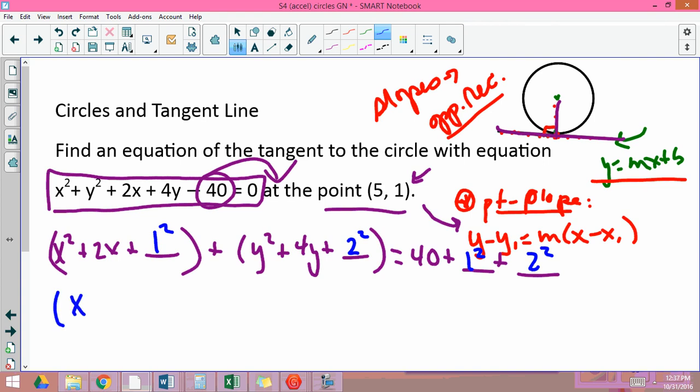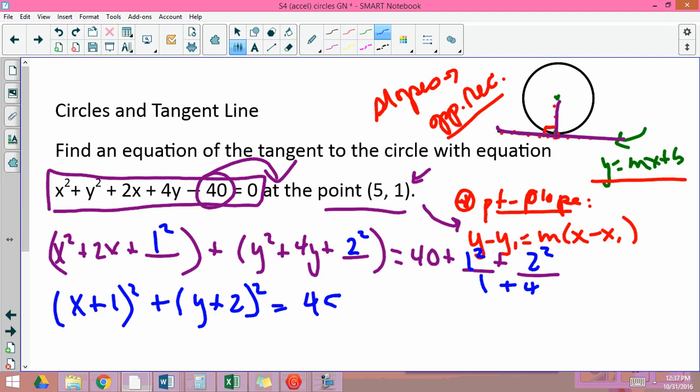So my equation of my circle is this, and I'm equal to 45. So now we have a center of -1, -2, and a radius of the square root of 45.